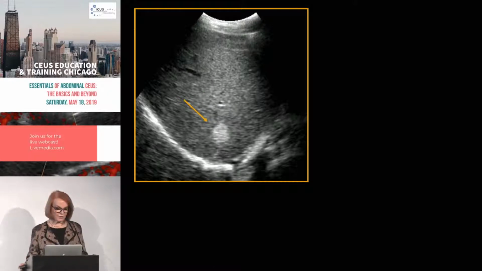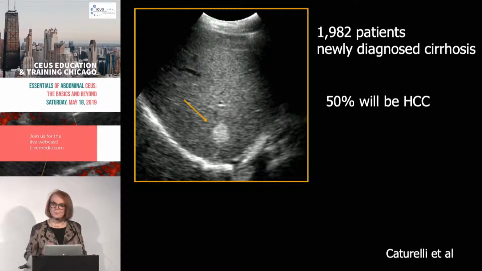Now, I'll just show this one reference, which is so important. This is a reference in the Italian literature. There's a little mass in that liver, and I'm sure all of you who do sonography know that we see that kind of mass day in, day out in people scanned for other reasons where it's incidental. And we say, well, that's probably a hemangioma.